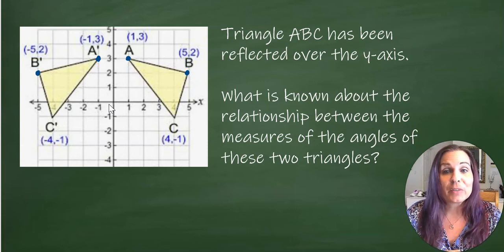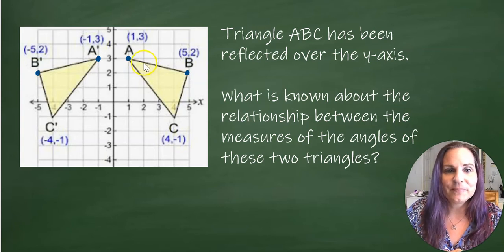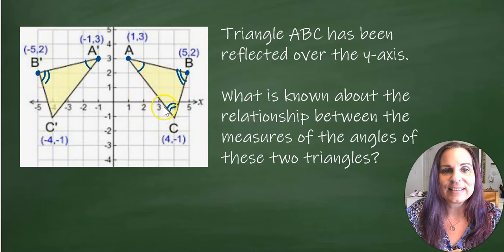So what's known about the relationship between the measures of the angles? They're congruent, right? Angle A is congruent to angle A prime. And then angle B is congruent to angle B prime. And angle C is congruent to angle C prime.